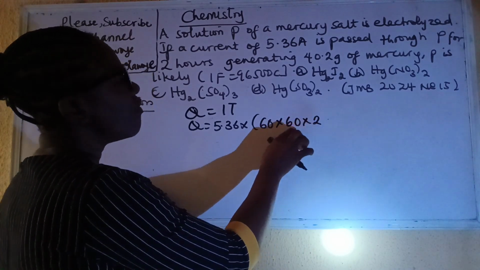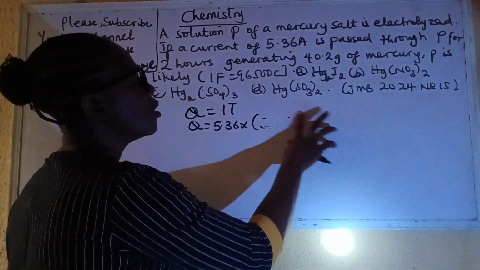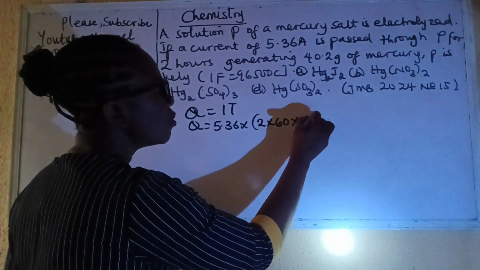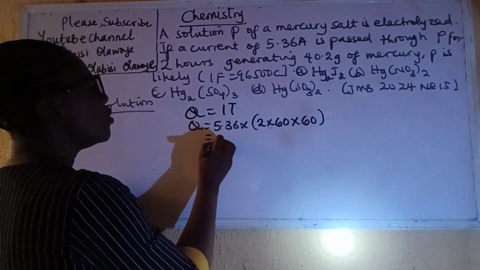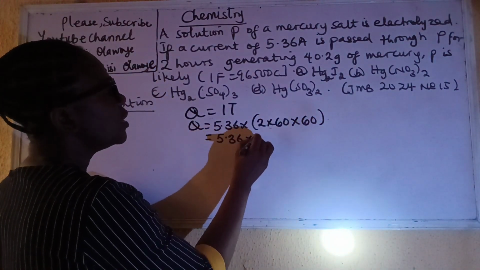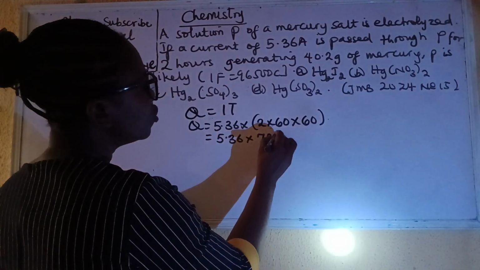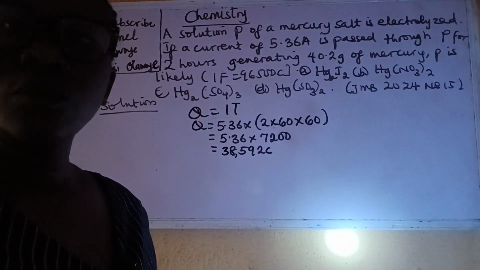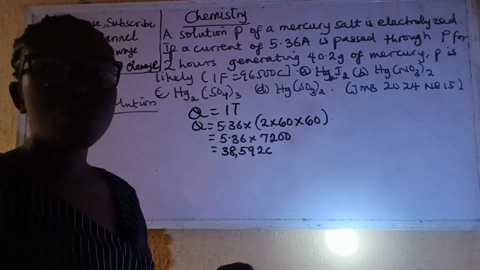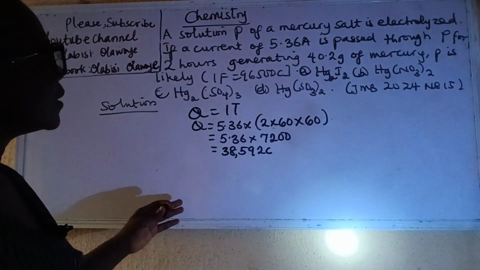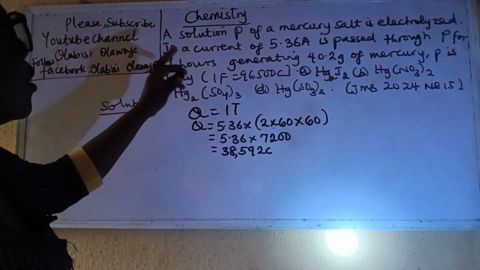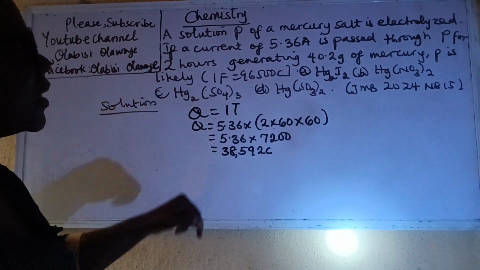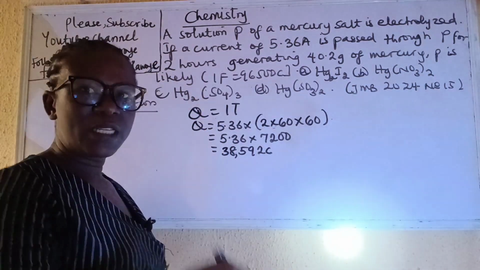That's 2 hours converted to minutes first, multiplied by 60, and then to seconds, multiplied by 60. So that's 5.36 multiplied by 7,200. Now that gives us 38,592 coulombs.